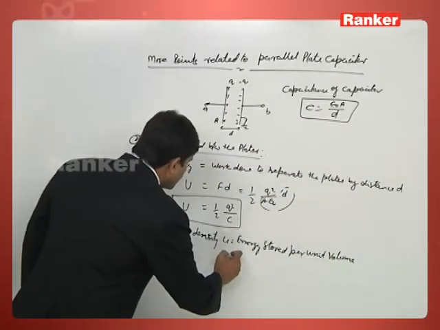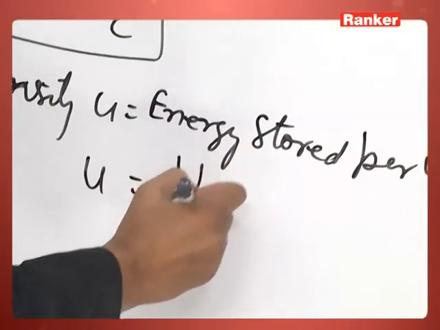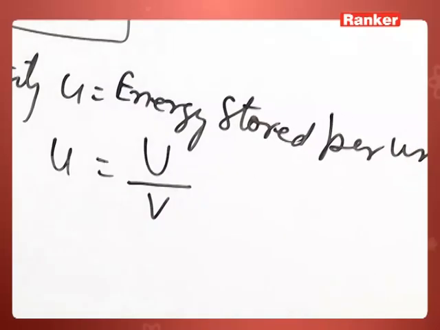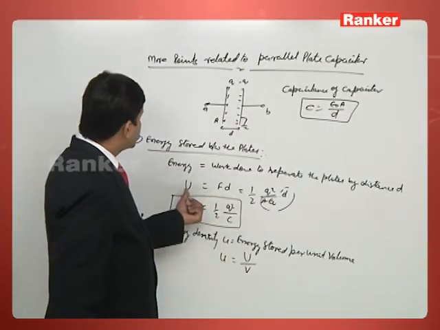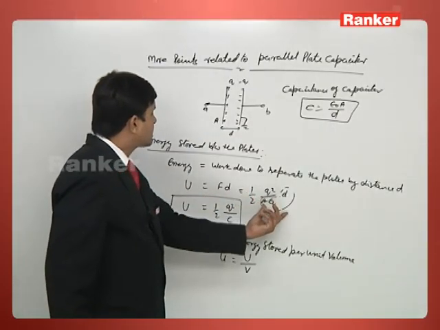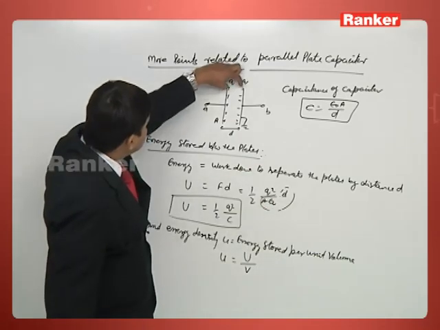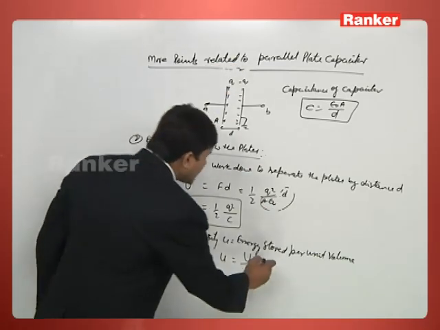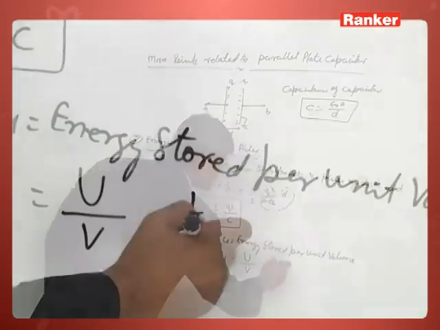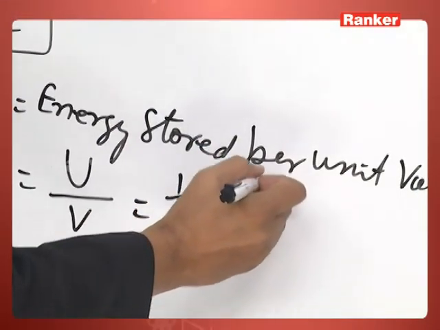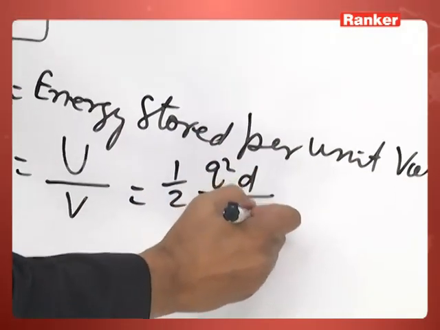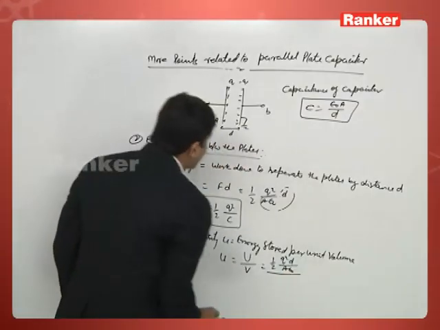So small u is written as capital U by V. All the energy we calculated is stored between these two plates. So that energy, half Q square D by A epsilon naught, divided by volume.